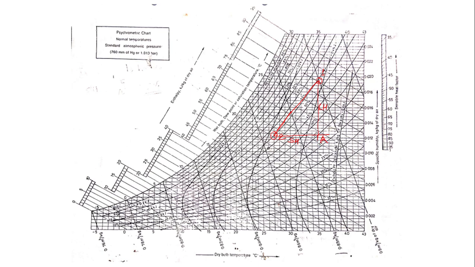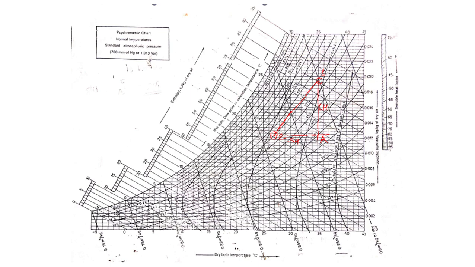Now with respect to points 1, 2 and A, I will note down the enthalpies. At point 1, the enthalpy is about 85. Point number 2, it is about 58. Whereas with respect to point A, it is about 67.